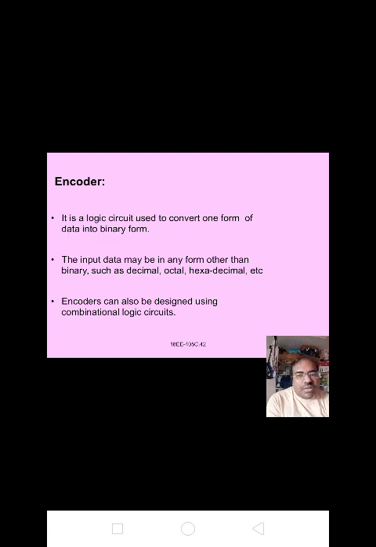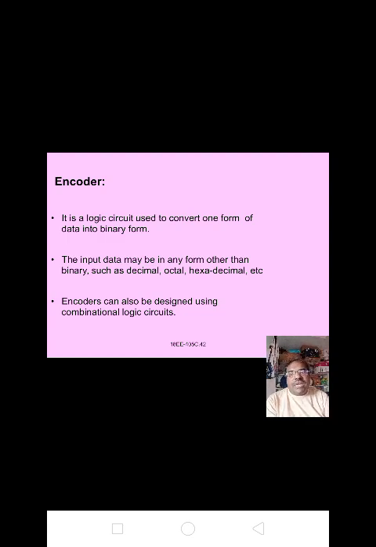Next, encoder. It is a logic circuit that is used to convert one form of data into binary form.